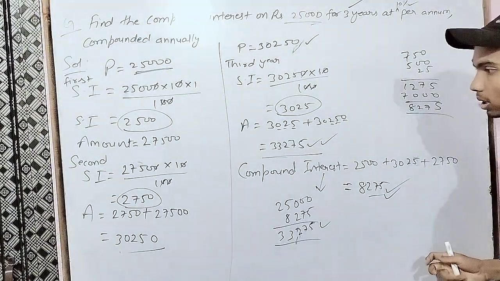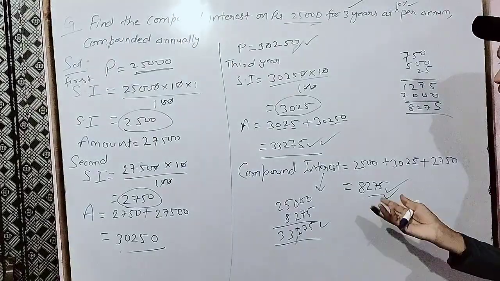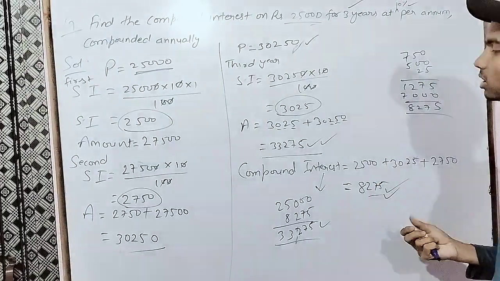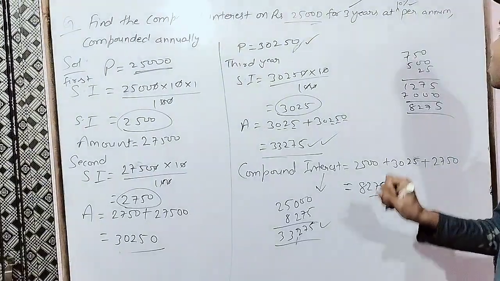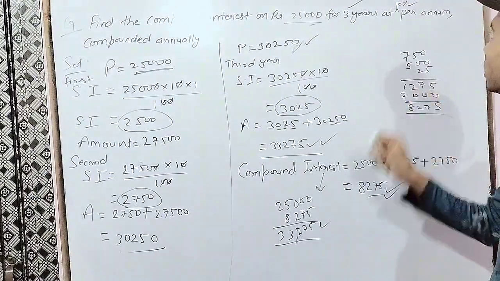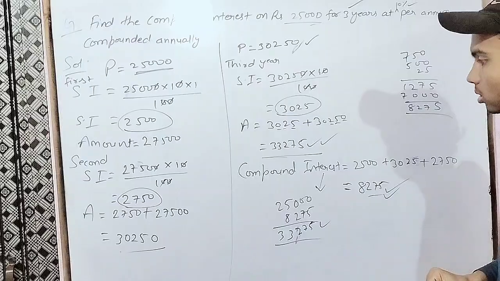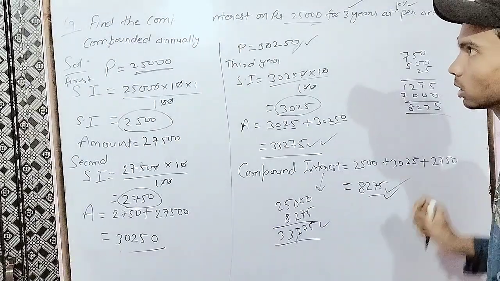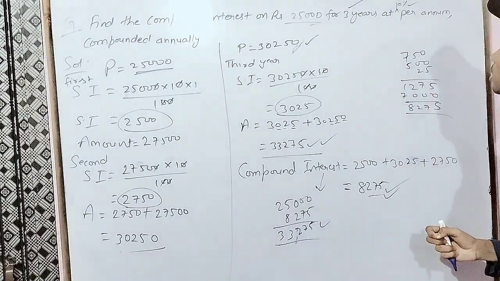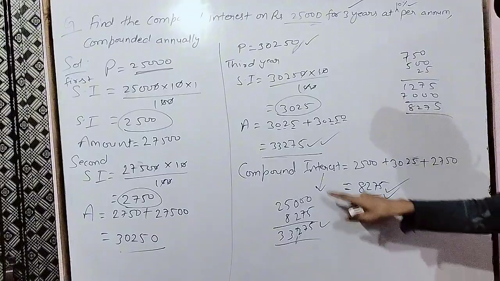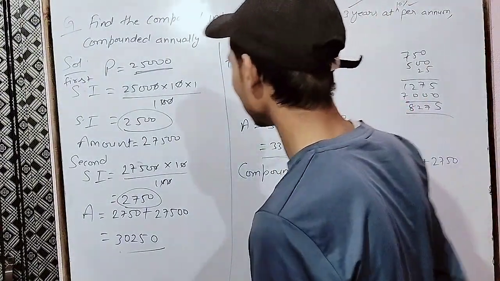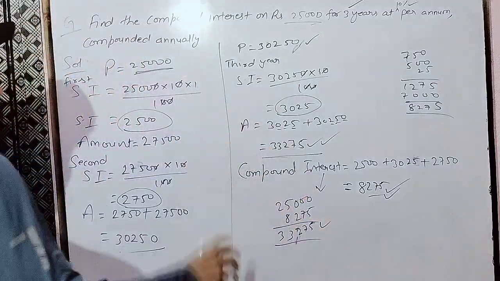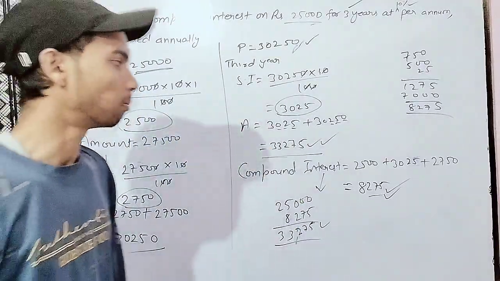Otherwise, if you want to know how much money will be paid to the lender after 3 years with interest of 10% compounded, how much will be paid? 33,275 rupees. This is how we calculate compound interest.